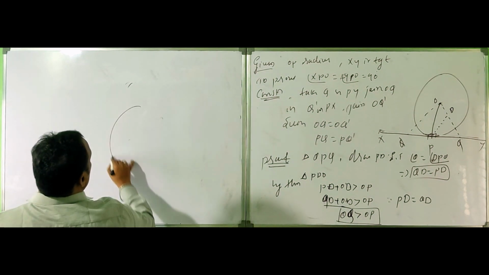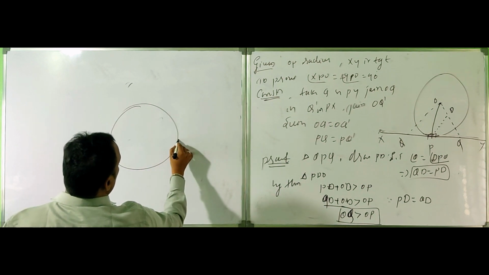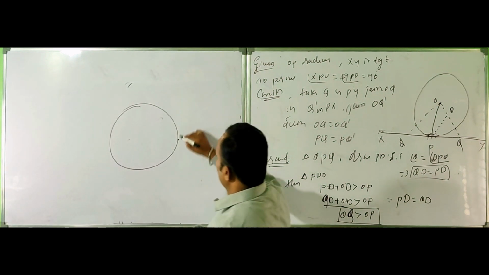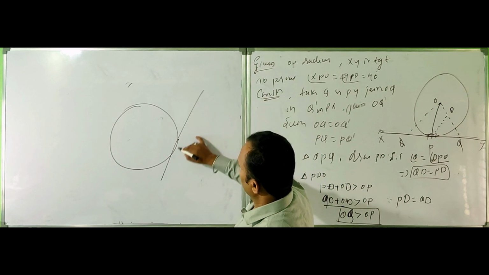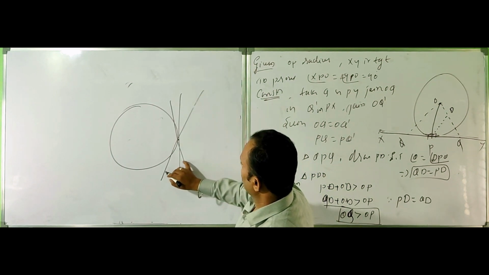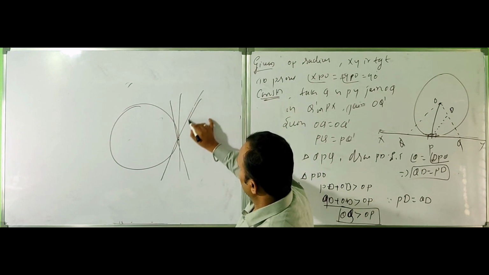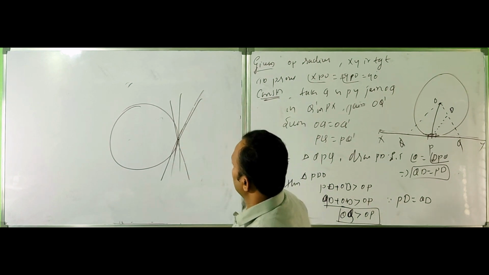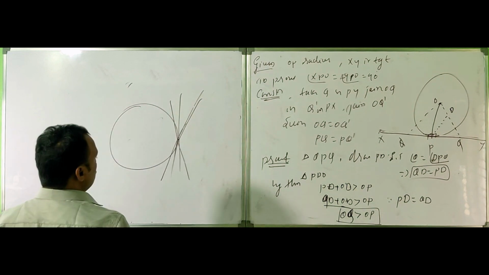This is the circle. Take one point here. From here I am drawing one tangent on this side, and again on this side.